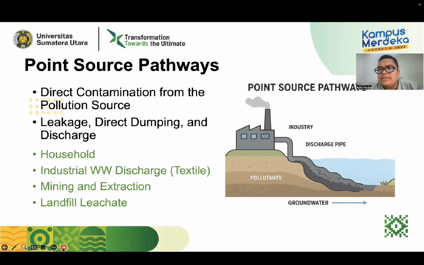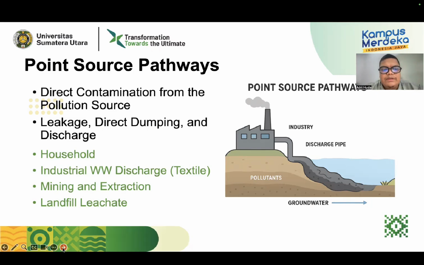As we know in Indonesia, especially in the eastern part of Indonesia, there are a lot of reports, for example, in Raja Ampat, where some people do mining, and they try to destroy the quality of the oceans by discharging all of the acid mine water to the water. So that's also another example of point source pathways, where you just dump all of the pollution directly to the water source.